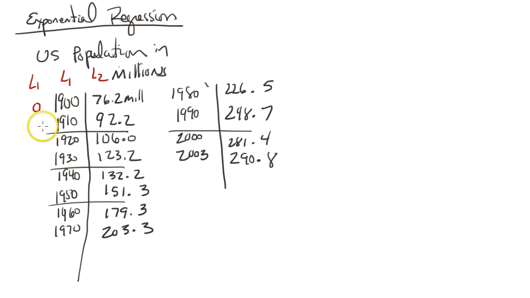So 1900 is 0, 1910 would be 10, and you just keep working it up. So 70, 80, 90, and when you hit 2000, that's going to be 100. And this guy's going to be 103.